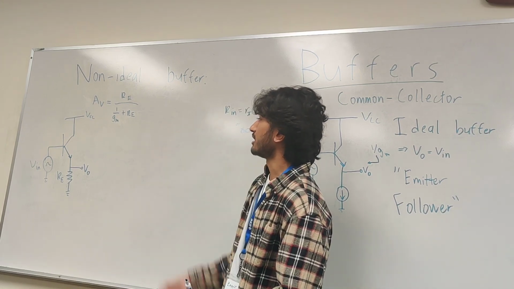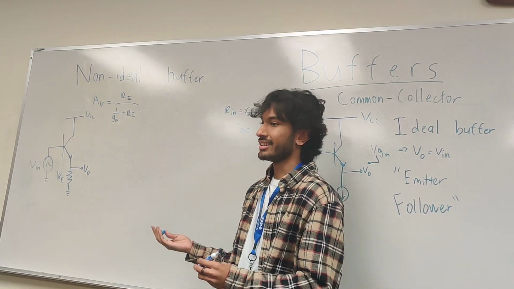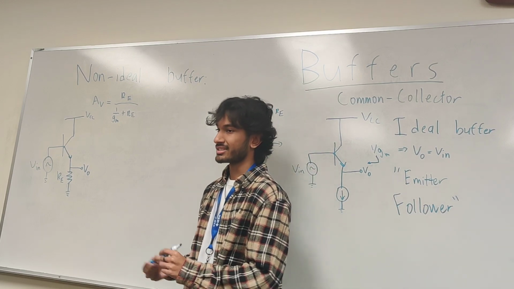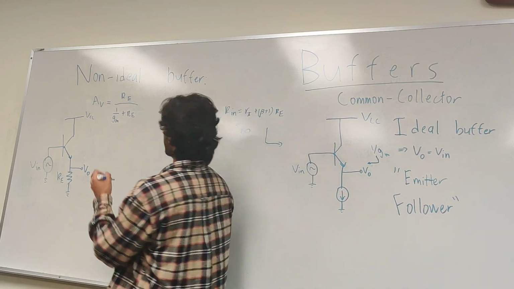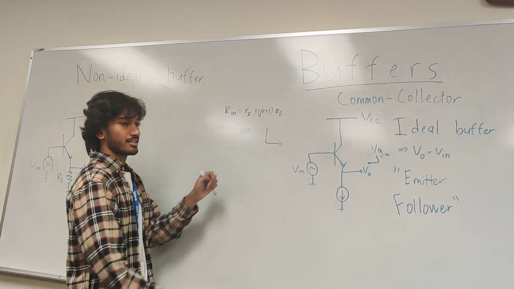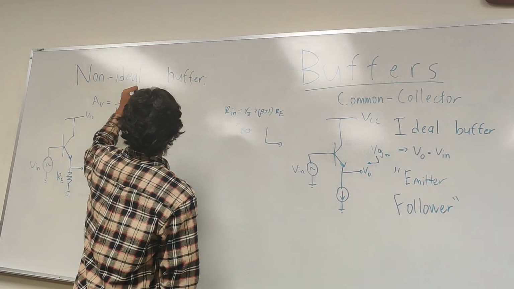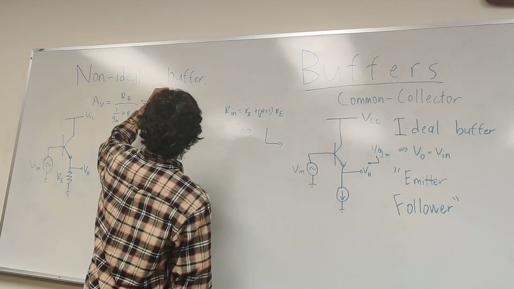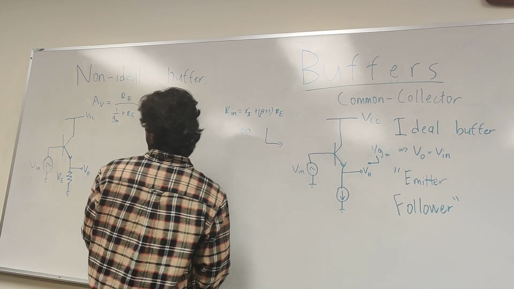In reality, you'll often have buffers that, if you're lucky, get like 1/2 or 1/3 as their quote-unquote gain. So you don't really get a gain, but you still get the nice properties: high input impedance, low output impedance. Roughly 1/2 or 1/3 is pretty good.